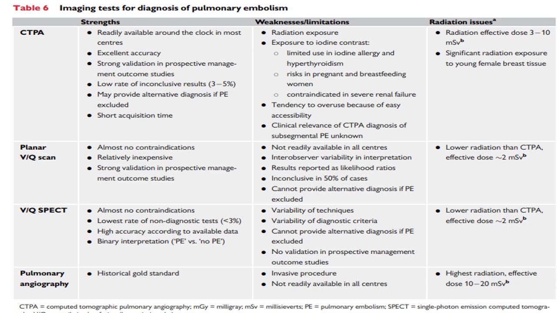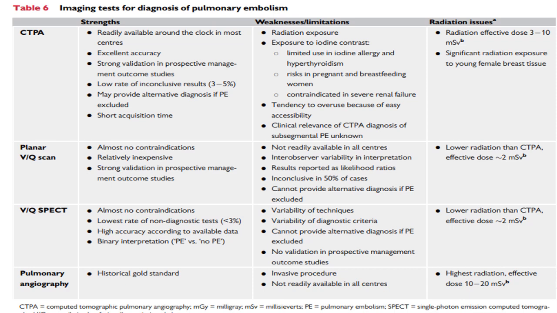But we have other things as well, which are planar VQ and the VQ SPECT. Now, the problem in VQ SPECT and the planar VQ is the inter-observer difference in the interpretation of the results. But the good thing in both of these perfusion scans is low radiation exposure.